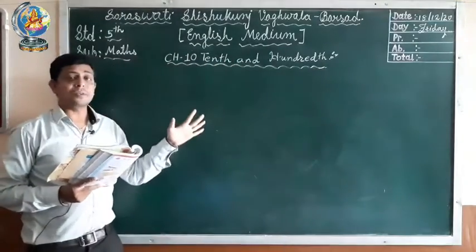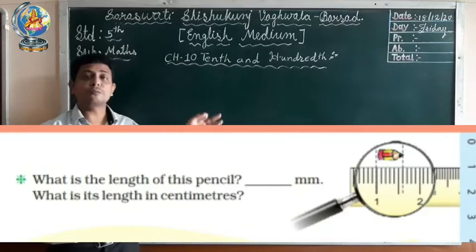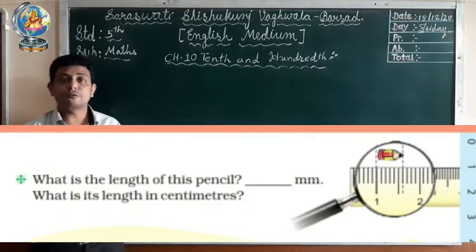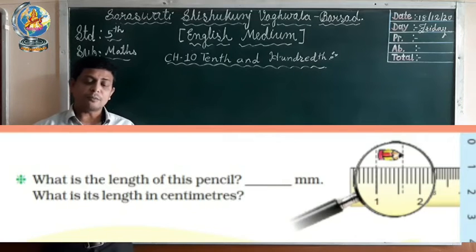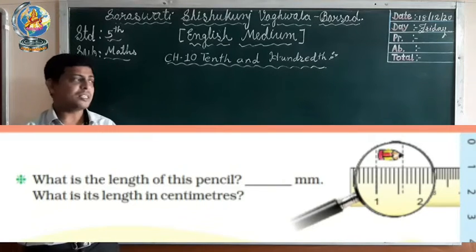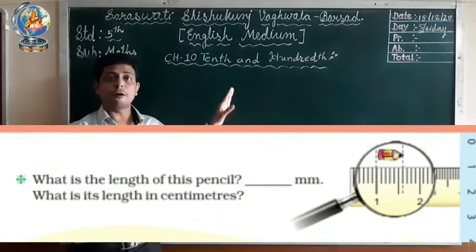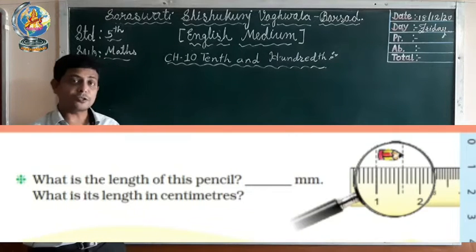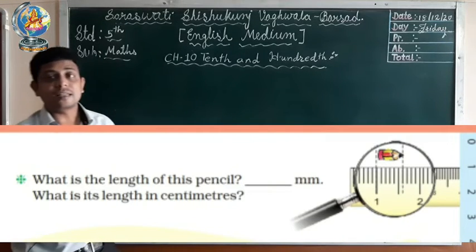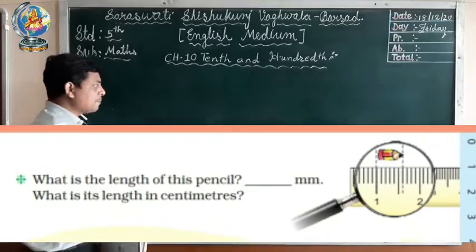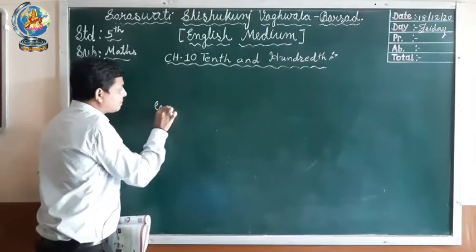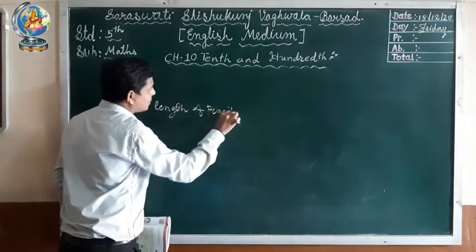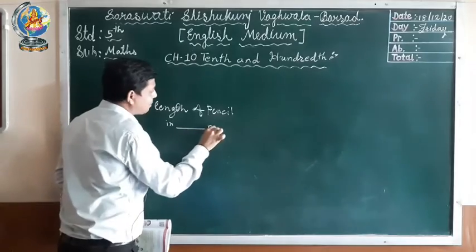Okay. You can see in the picture there is one small pencil which is shown by a magnifying glass. So here we are going to read a question and then solve it. Okay. What is the length of this pencil? Blank mm is given. Means we have to find out the length of the pencil in mm.